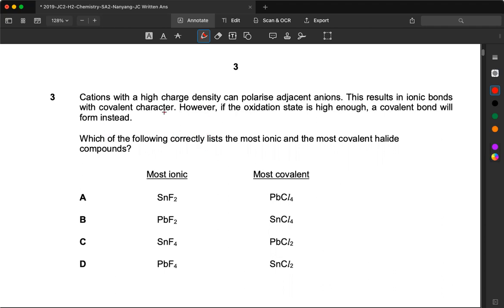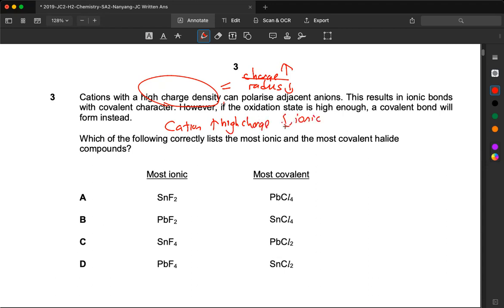So to have high charge density, what is charge density? It is charge over the radius. So the higher the charge, the higher the charge density. The smaller the radius, the higher the charge density. So we expect the cation to have high charge and small ionic radius.